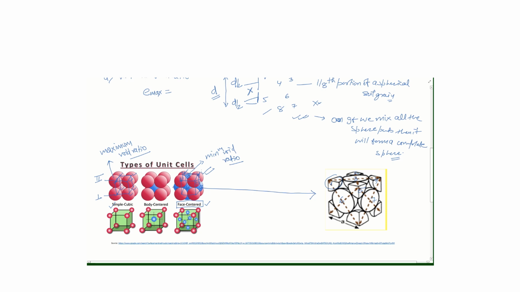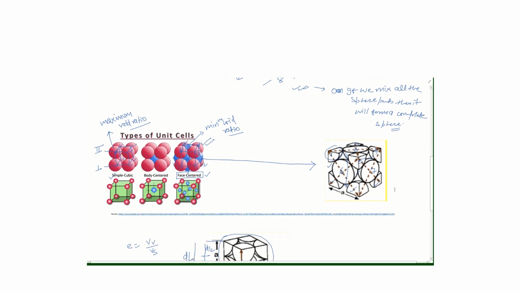Similarly 8 and 9 are somewhat backward. Then we have the 10th, 11th, 12th, 13th and this 14th, and one will be just opposite to this sphere, this half sphere just opposite to this one.